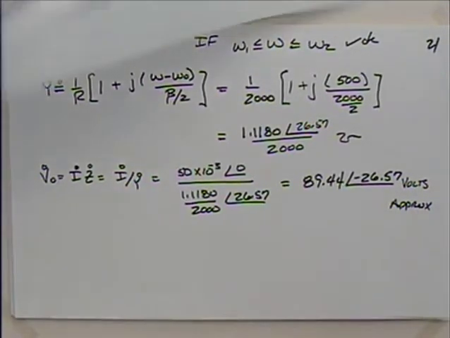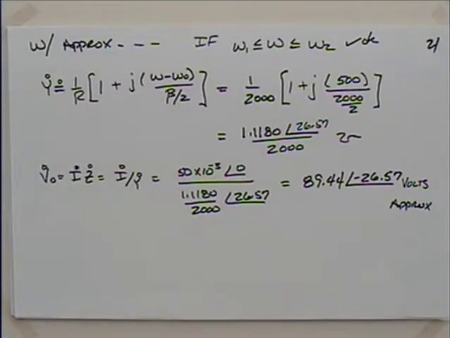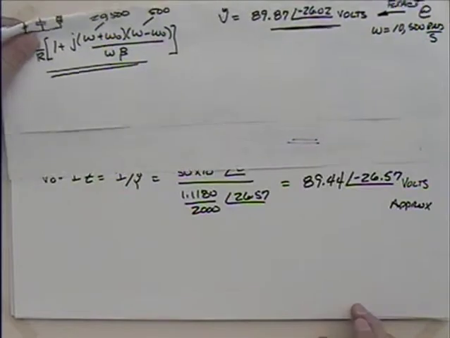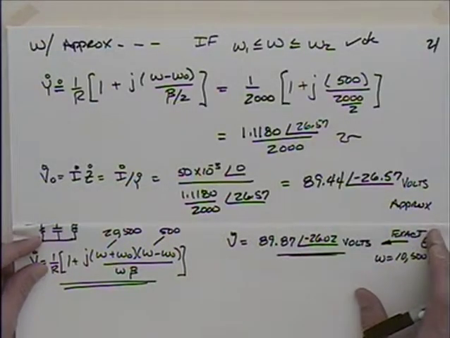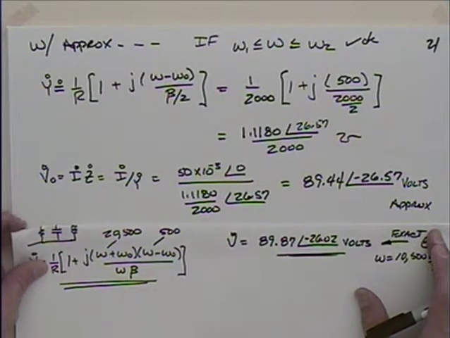How did we do? We look at what we got there. Oops, there we are. So 89.87 versus 89.44, that's pretty good. The angle's off a little bit.